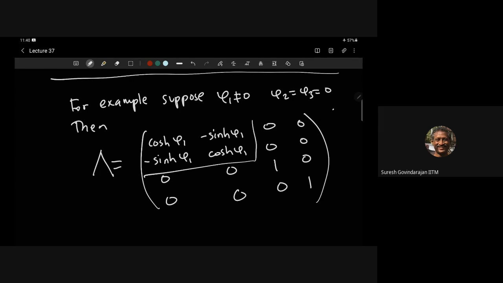What is it acting on? It only acts on the 0 and 1 space, and on 2 and 3 nothing happens. Is this clear? Yes, sir. Okay.